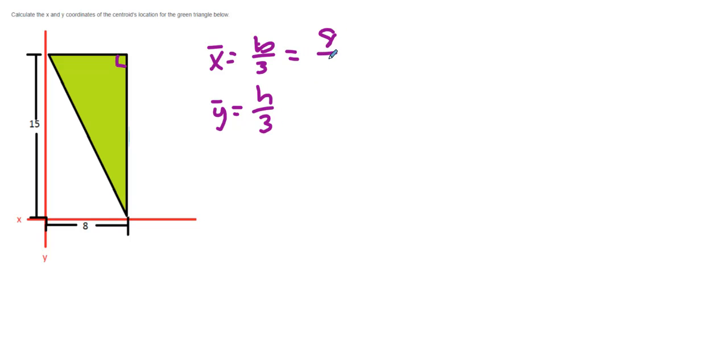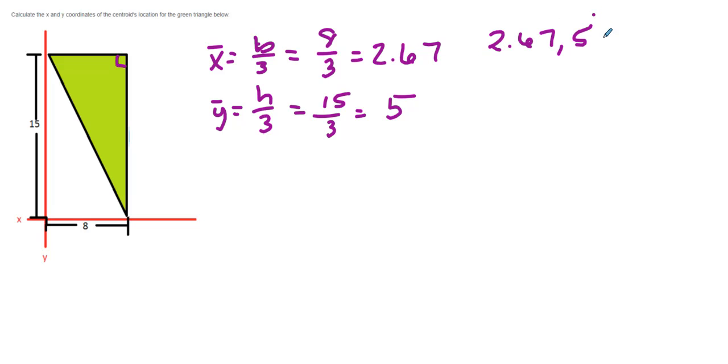Base divided by 3 is 2.67, and height divided by 3 is 5. So you may have selected the option that said 2.67 and 5.